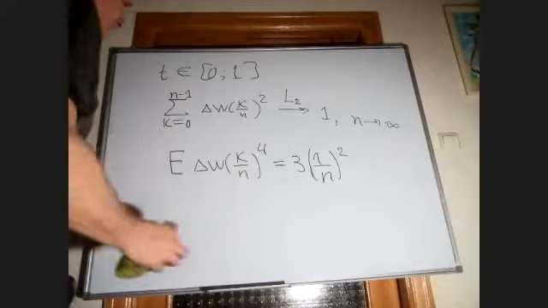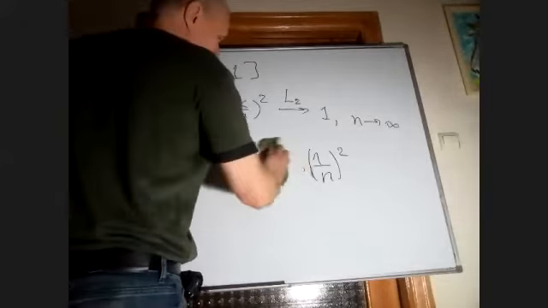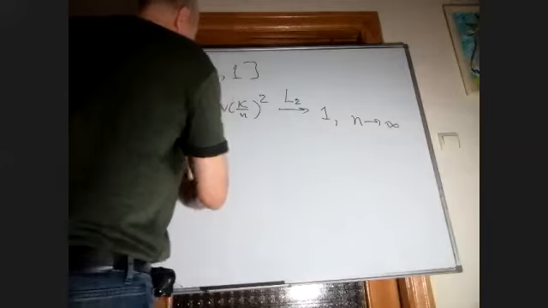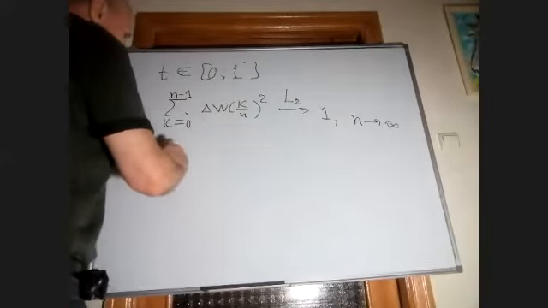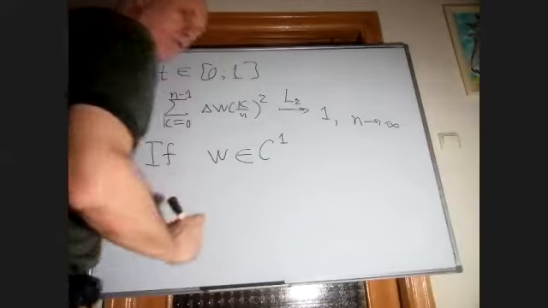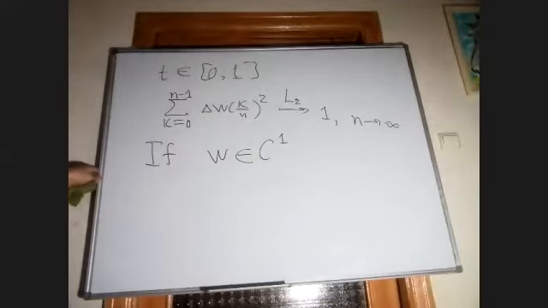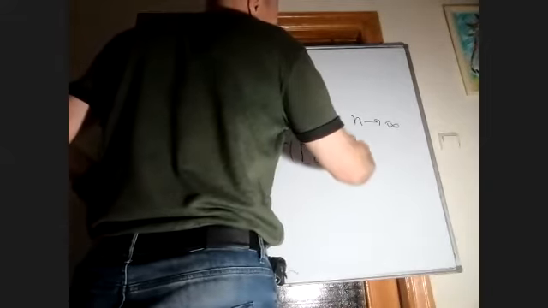Now let us suppose that W is from the space C1 on [0, 1], so it has a continuous stochastic derivative.